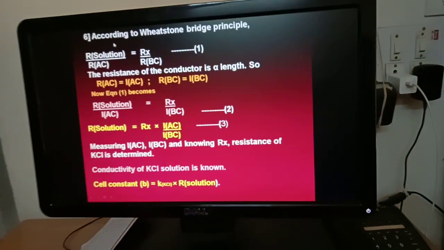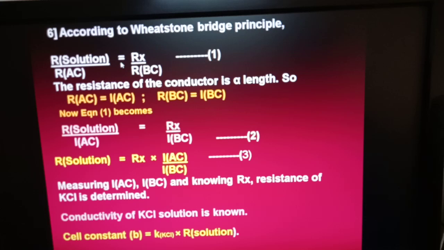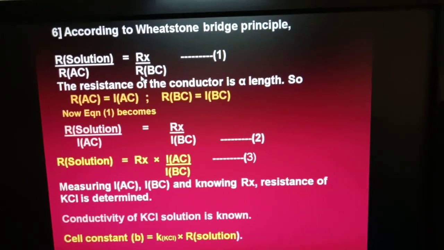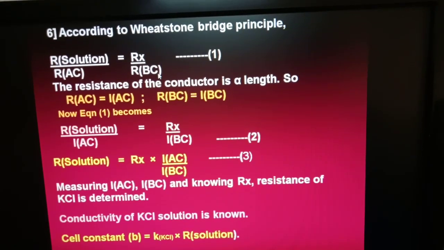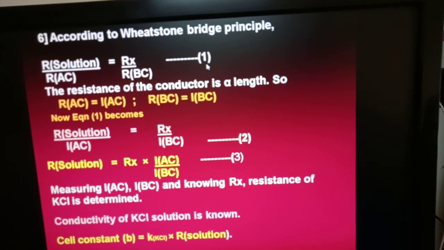Now let us see the calculations. According to the Wheatstone bridge principle, resistance of the solution upon resistance of AC is equal to Rx, that is the unknown resistance, upon resistance of BC. Let us call this equation number 1.